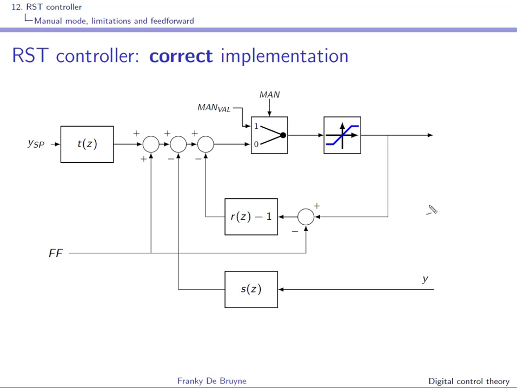And with this implementation, you will not have integral windup. So this is how you should implement the RST controller with feedforward, manual mode, and limitations. So here maybe I should put a logo that this is very important. So in your Simulink implementation of the RST controller, you should remember that you should use this correct implementation.